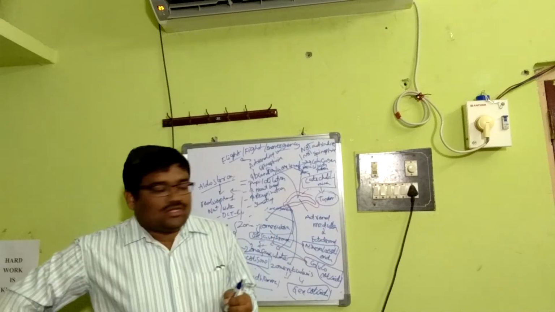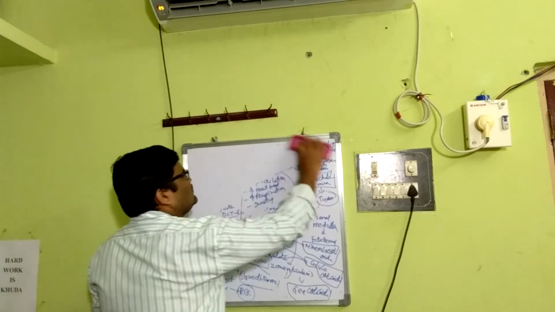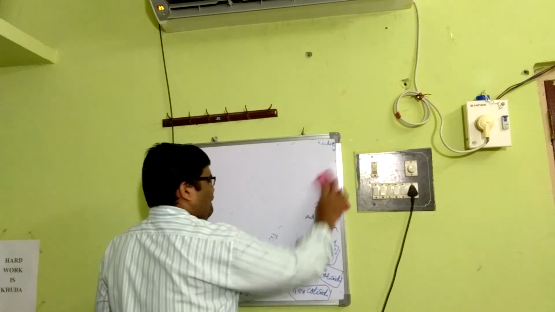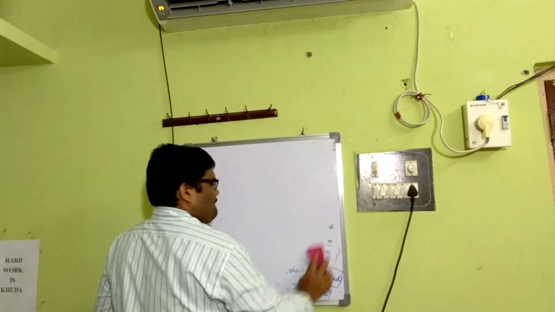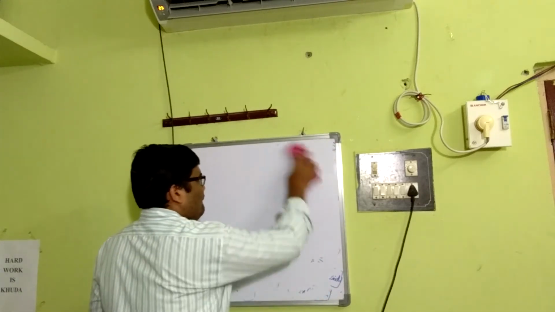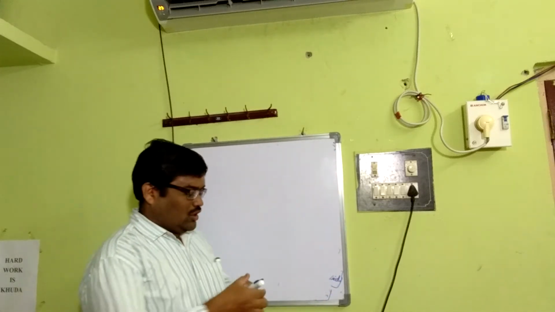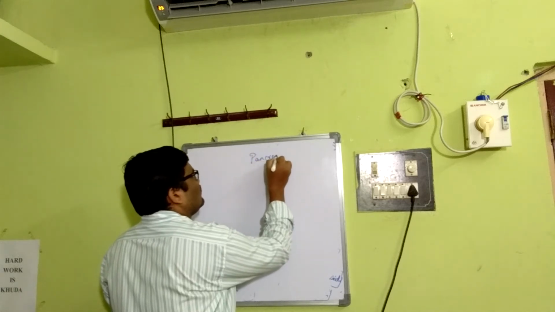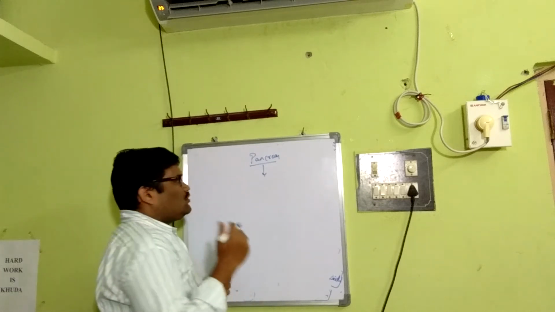Then we'll move to the next important endocrine gland, that is the pancreas. With respect to the endocrine glands, we should also know about their location. Broadly, the pancreas is present posterior to the stomach.